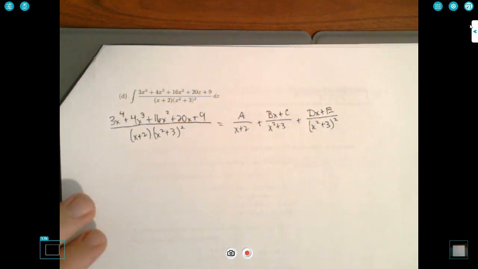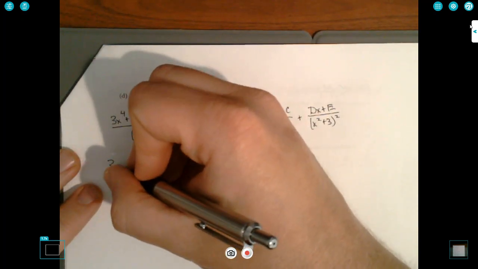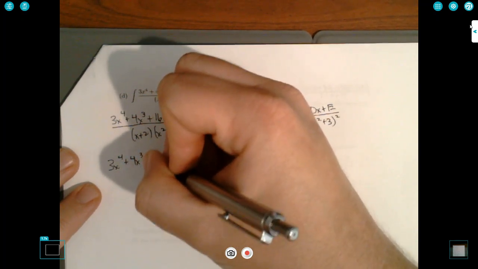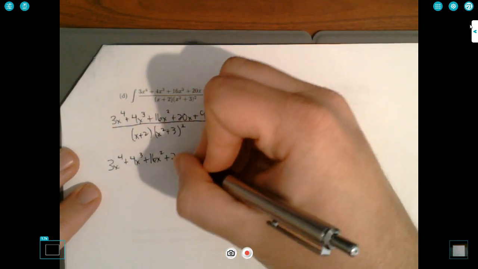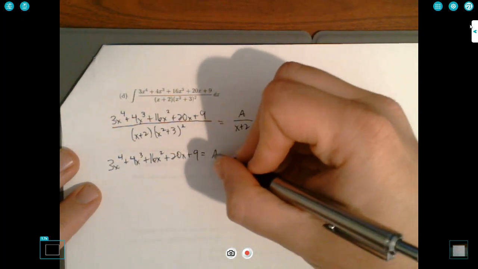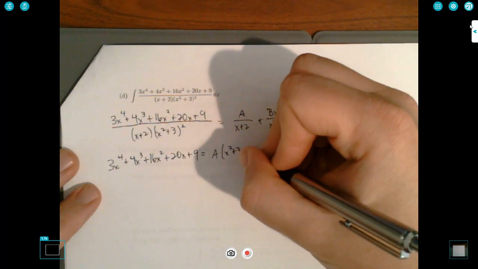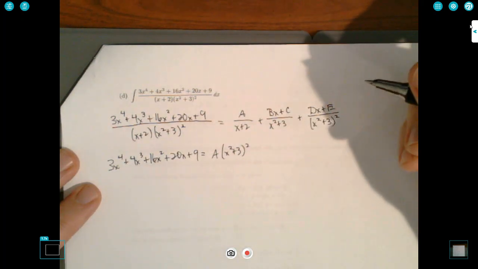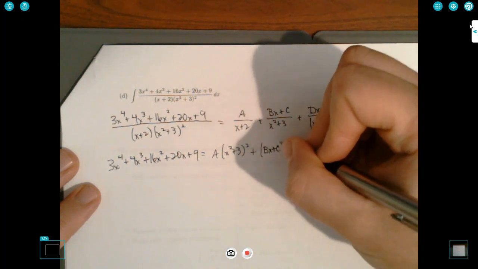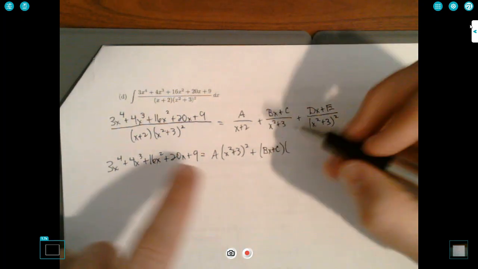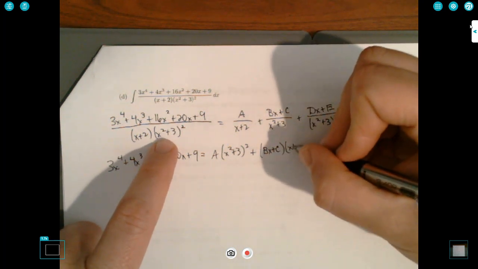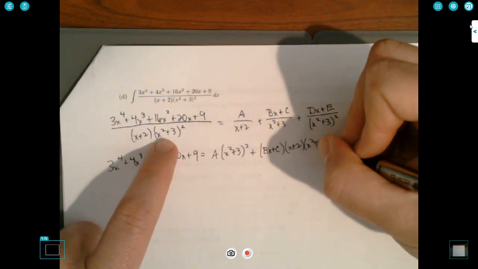Oh goodness, now let's have some fun. We clear the fraction. So only one of these will cancel. So we're going to have the x plus 2 and an x squared plus 3.